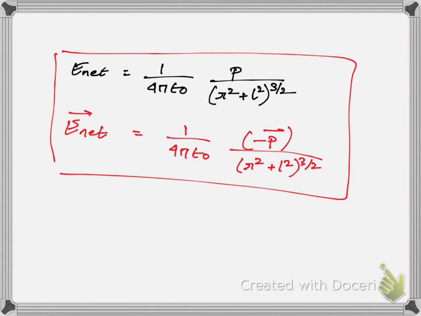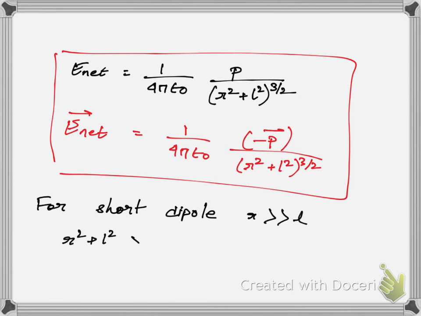Now, again for a short dipole, r is far greater than L, so r square plus L square can simply be written as r square.